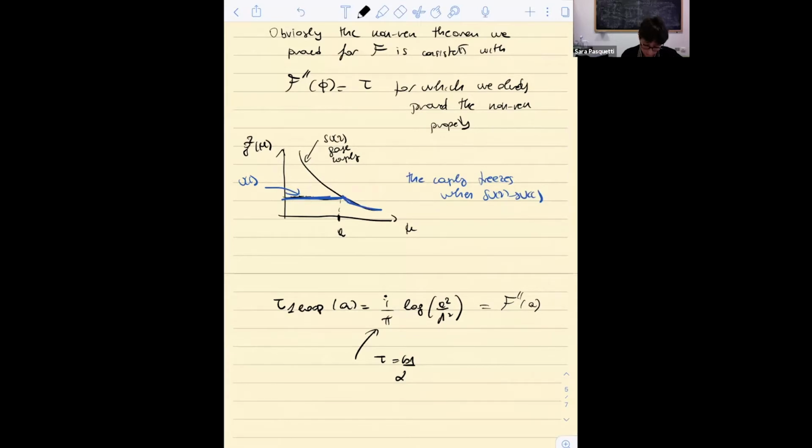So this will be the one loop running that is dictated by the U(1) beta function, and beta b1 for this theory is just so we have the contribution of the vectors, and then fermions, and then the contribution of the scalars.